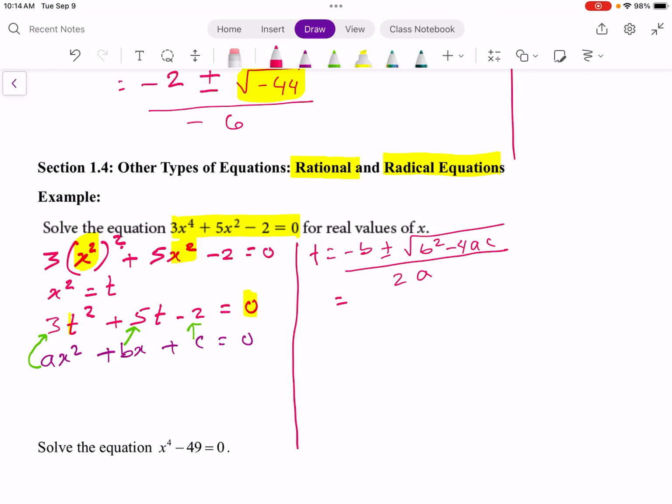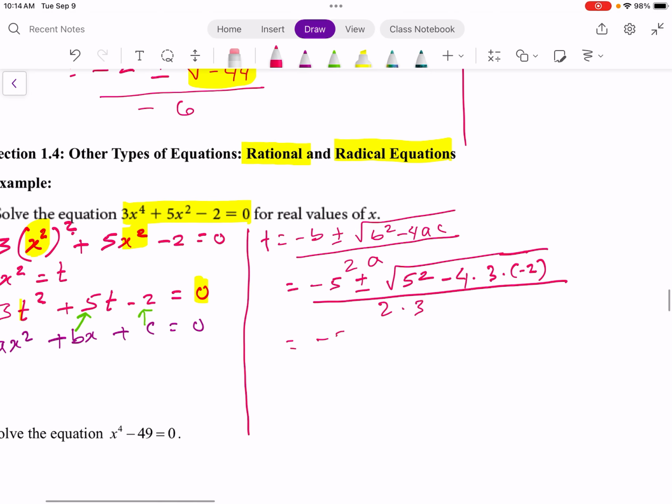So negative b, we have negative 5, plus or minus b square, that is 5 square, minus 4 times a, which is 3, times c, which is negative 2. Make sure to have parentheses for the negative number, divided by 2 times a, which is 3. Now let's simplify.